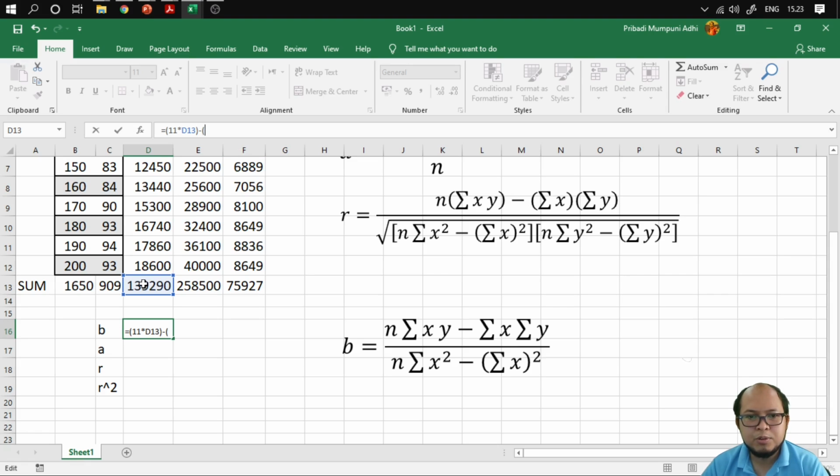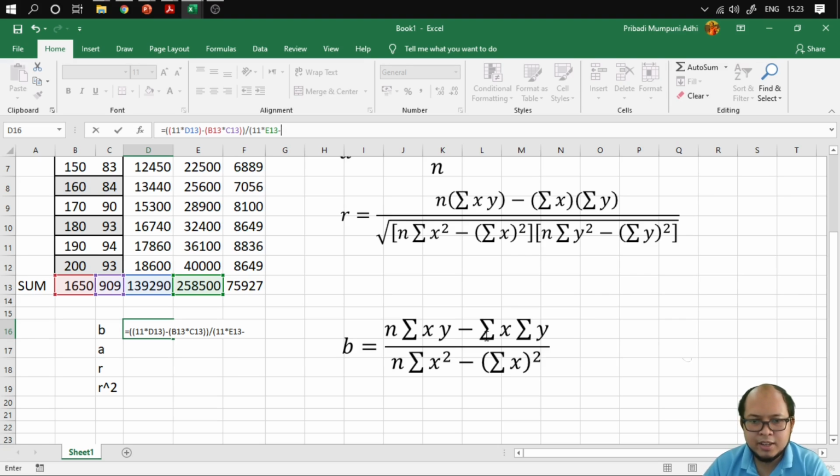So this value multiplied by this value, and we divide it with n multiplied by the sigma x square, this value, minus sigma x square.